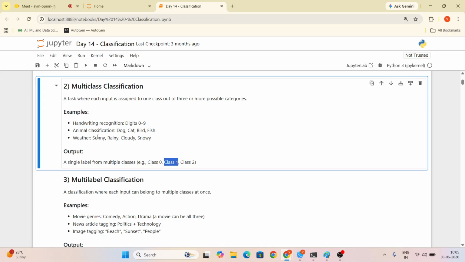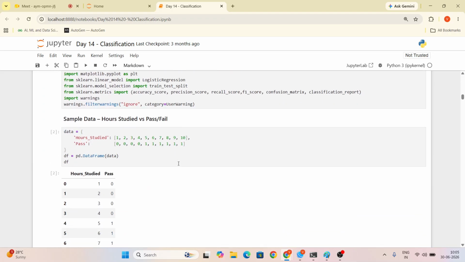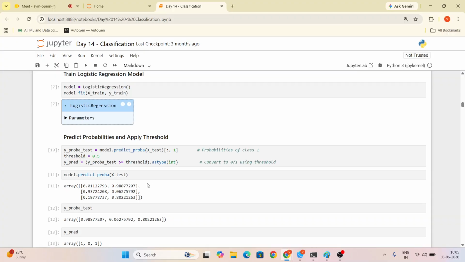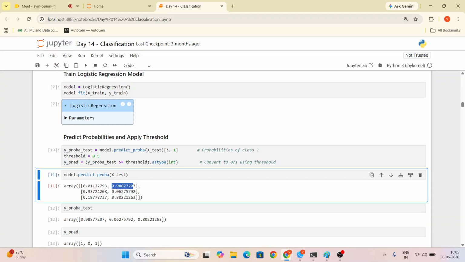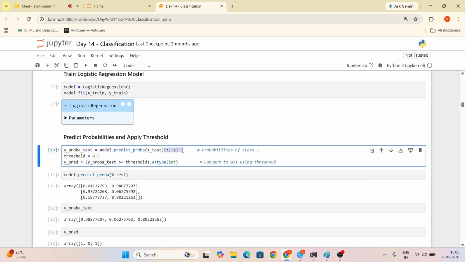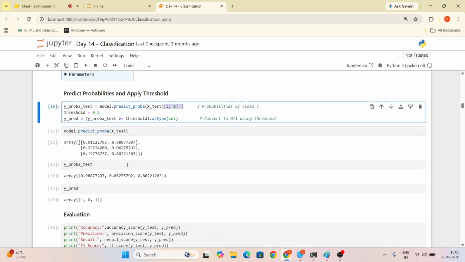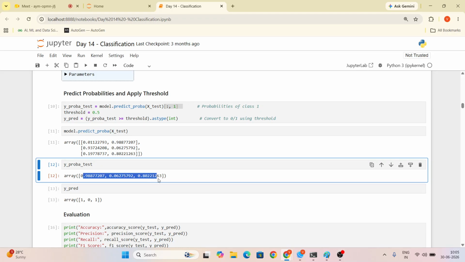Class 1. So assume that this one is fail, this one is pass. I need the pass class only. Which class are you selecting? Class 1. That's the only one I am selecting here. Only then am I giving this format. Have you got my point? So here my class 1 is printed. Have you got my point?